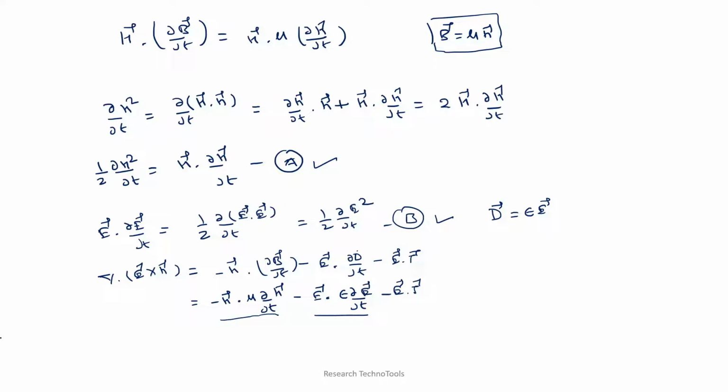So I am writing divergence of E vector cross H vector equals, now replacing this value, minus mu by 2 del H square upon del t, then minus 1 by 2 epsilon del by del t E square minus E vector dot J vector.